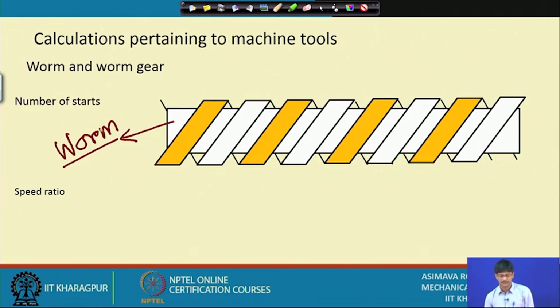So, what is the worm gear in connection with the worm? The moment people started thinking about different machine elements, at one point in time they connected up two different machine elements, the screw and the gear, so that they made this sort of a connection.